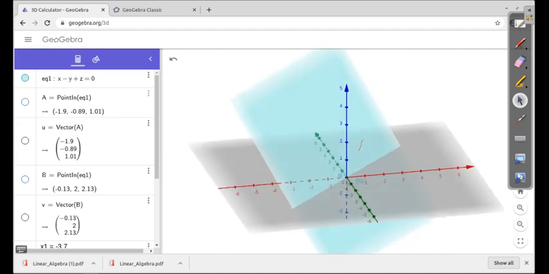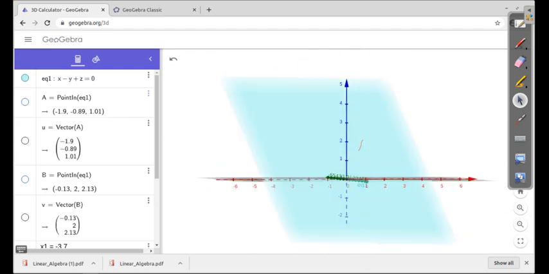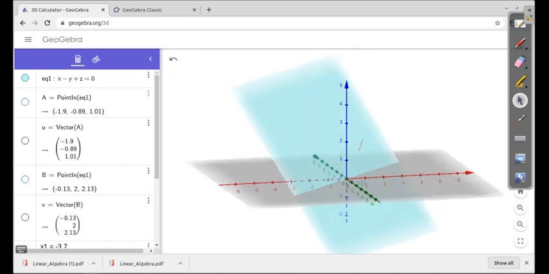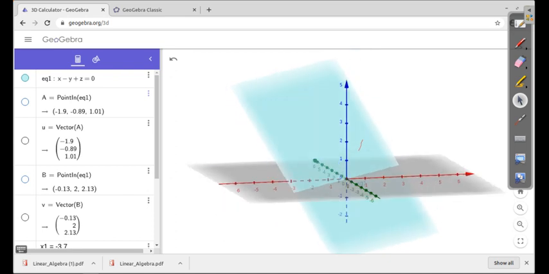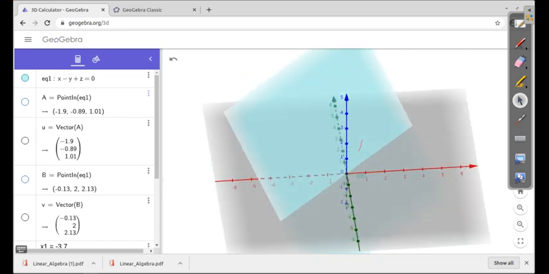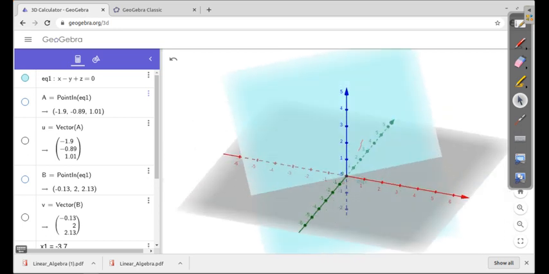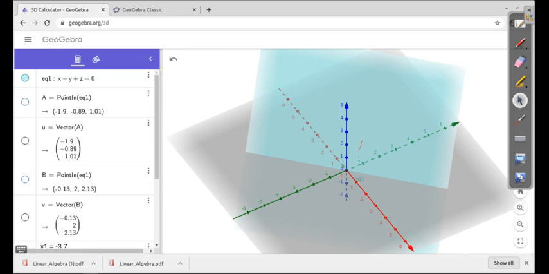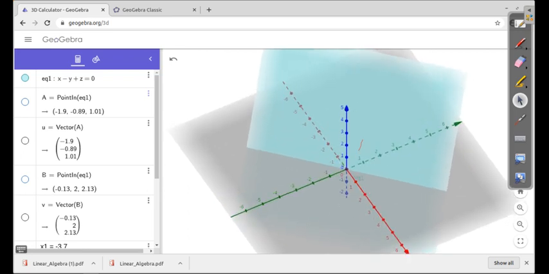We have to prove that it is closed under addition and closed under multiplication. The must condition, as we have discussed, is that any vector space contains the 0 vector. This plane is a subspace of 3 dimensions and it passes through the origin, which means it contains the 0 vector, right? Origin is the 0 vector.